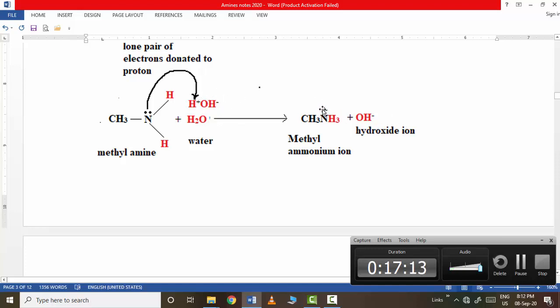So there is a positive ion here and a negative ion. They can combine together to form methyl ammonium hydroxide. Or we can simply write: methyl ammonium ion is this one, hydroxide ion is this one, or together we can say it is methyl ammonium hydroxide.